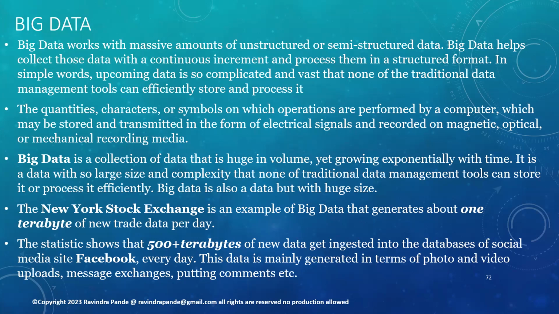Hadoop is a kind of software commonly used for big data, and it's a continuous, incremental recovery process of these unstructured or semi-structured data. Big data helps to collect those data with continuous increment and process them in a structured format, because CSV and Excel are all structured formats.